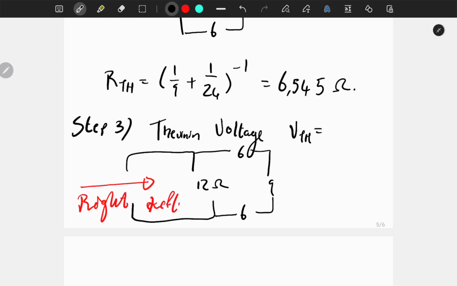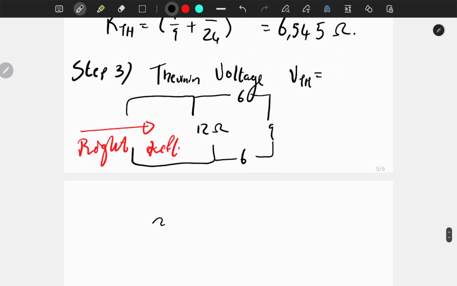Alright, so your resistor is going to be 12, and then 12 is going to be parallel with the 9s, right? So it's going to be 1 over 12 plus 1 over 9 plus 12 is going to be 21 to the minus 1.